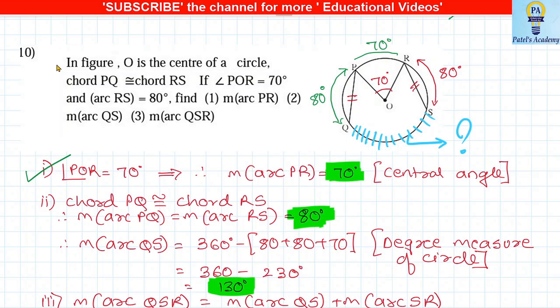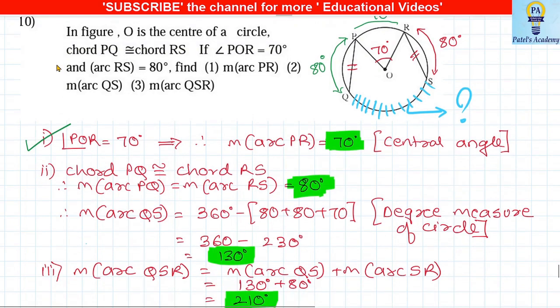So how do we find the remaining arc? From 360, we are going to subtract all these arcs. Okay, so that step is over here. See this part. Okay, arc RQS is nothing but 360 minus (80 plus 80 plus 70). Now the last part is arc QSR.